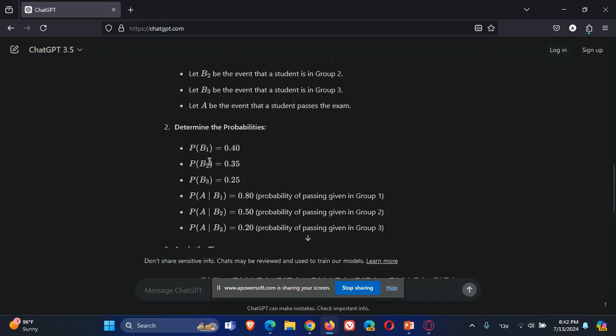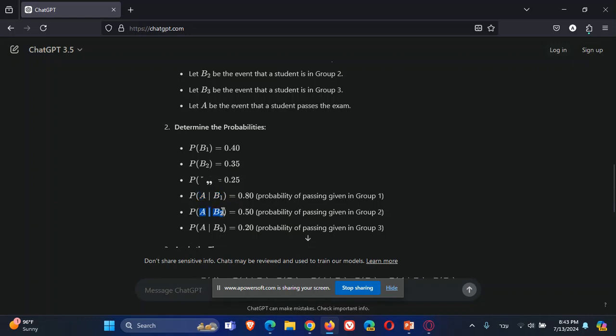The probability of a student being in group B2 is 35%, and 25% in the third group, and together they are 100% of the students. So they cover all the possible outcomes, all the possible samples in the group.